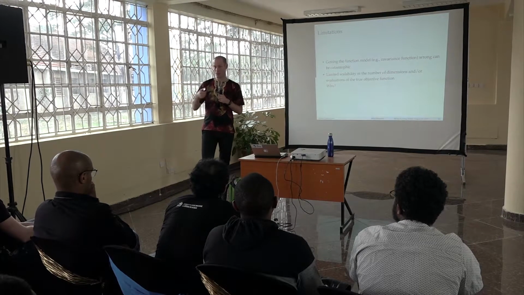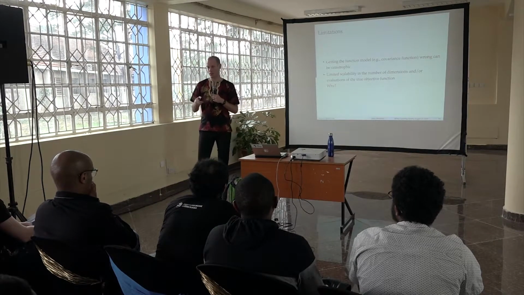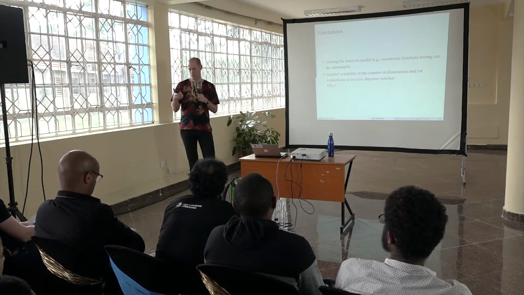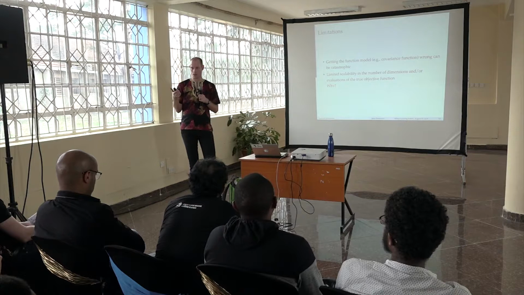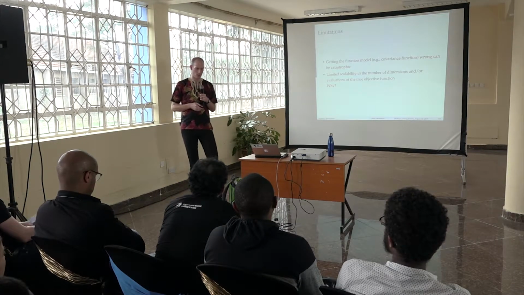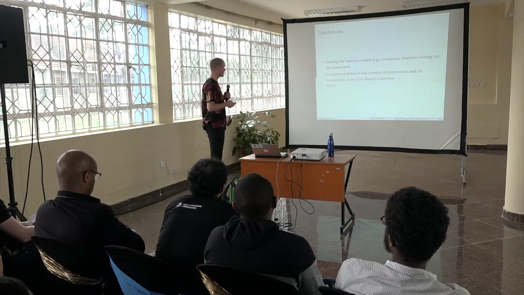So in many dimensions, we need to evaluate the function much more often, and that will cause the problem with scalability of the Gaussian process. But also, if it's really expensive to evaluate this function, then you can't afford it anymore. So that's one of the things.